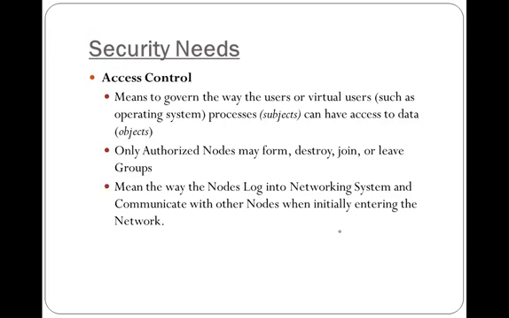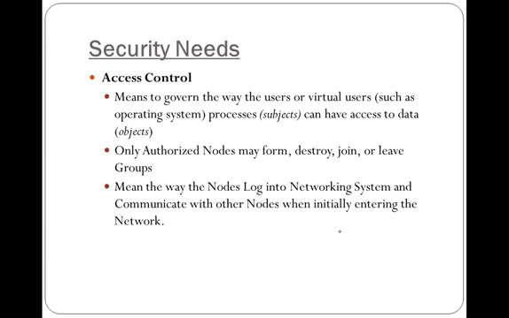Another important security need is access control, and that is how much access is given to the user. We might have different categories of user, and we can categorize them based on their role, based on their responsibility, and based on their position sometimes.